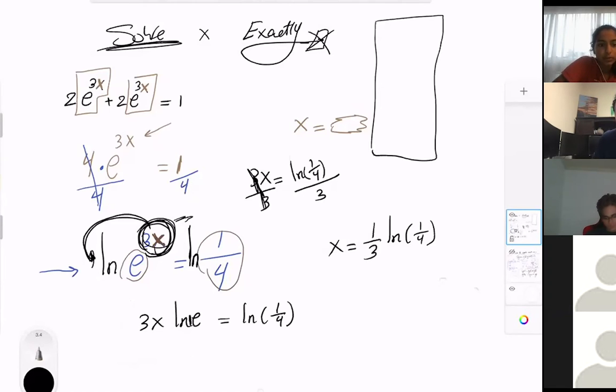It doesn't have the 2 in front of it. So when I solved it, I got ln of 1. Do you know what was your equation? My question was e to the 3x plus e to the 3x equals 1.